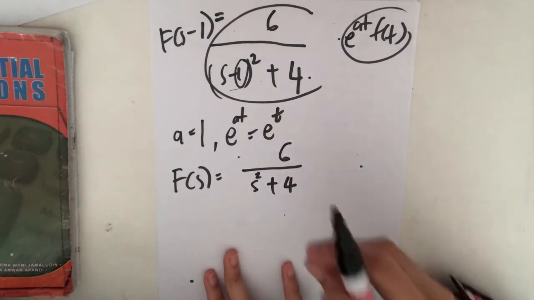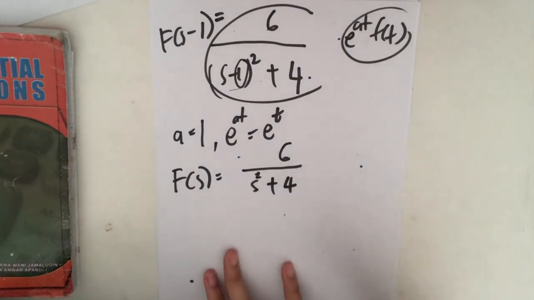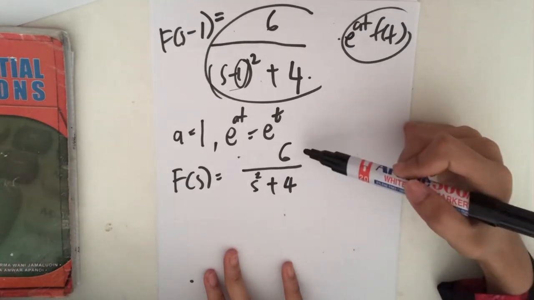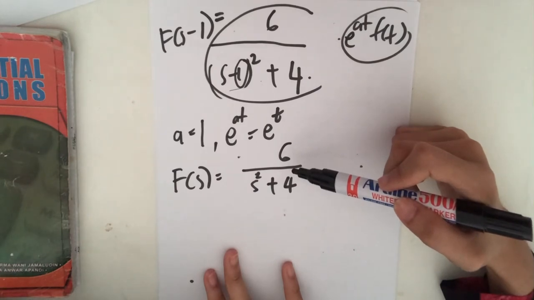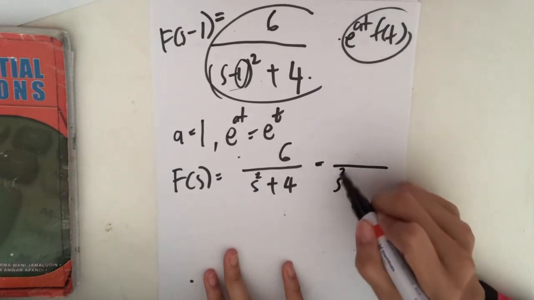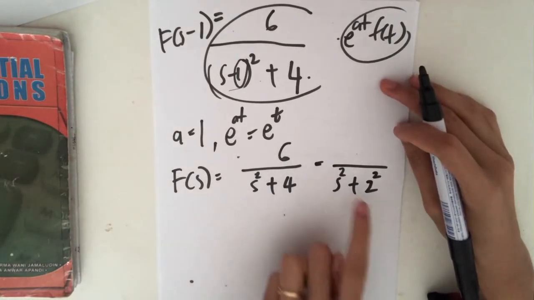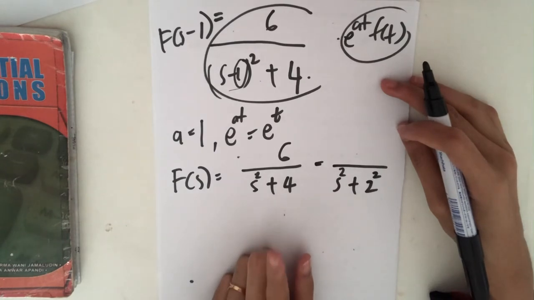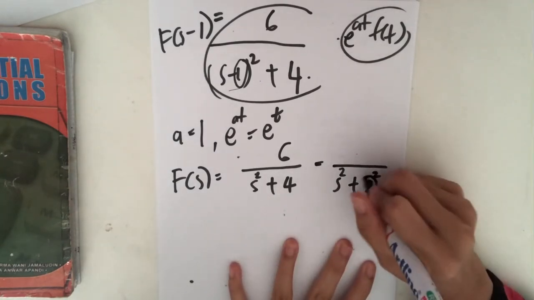Like I mentioned just now, s squared plus 4 is only for cos or sine. If it is cos, the numerator must be s, but now the numerator is 6, which is a number. So you need to make some adjustment, because here it is 2 squared: s squared plus 2 squared. Instead of writing 4, we write 2 squared. So now our a is 2.